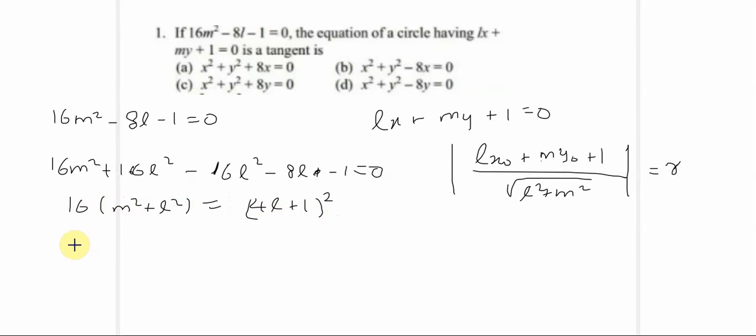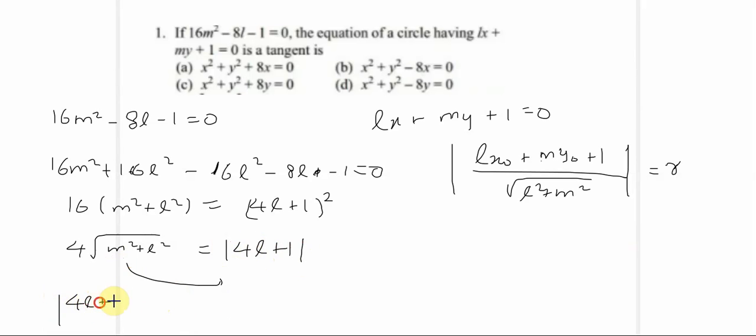Again taking positive square roots on both sides, we have 4 root m square plus l square is mod of 4l plus 1. And then taking this to this side, we have the equation of the form we want, 4l plus 1 by root over m square plus l square is equal to 4.